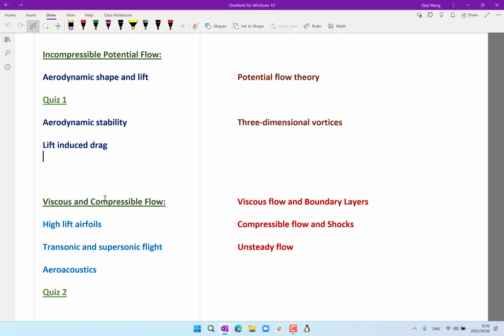So now we are going to viscous and compressible flows. The first thing we are going to learn about is viscous flows. As we have seen, viscosity can be ignored for most of the flow field if the flow does not separate from anywhere. Okay, so that's a big if. Especially for airplanes and airfoils, we know that the flow is going to separate if you put it at high enough angle of attack.